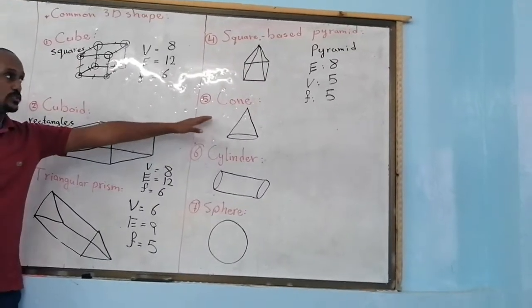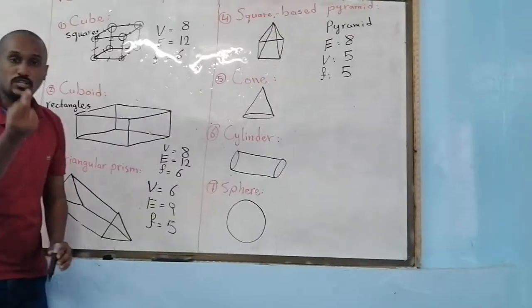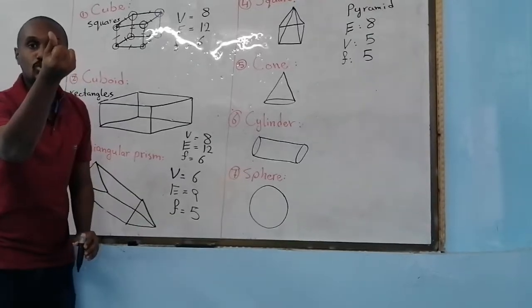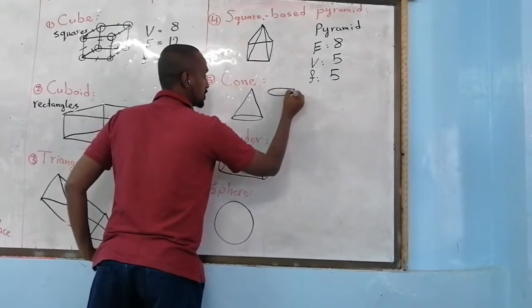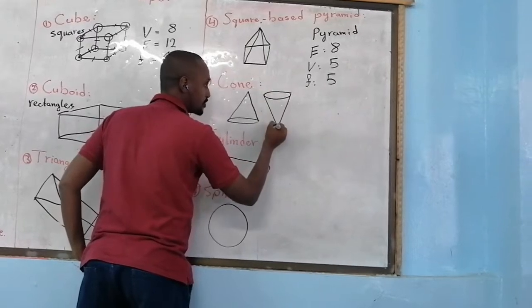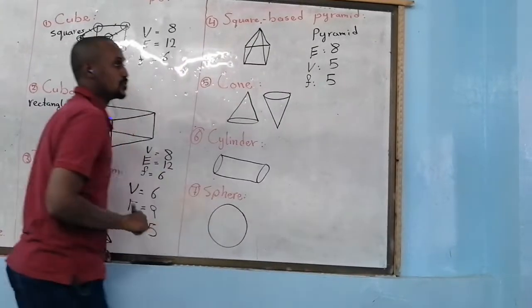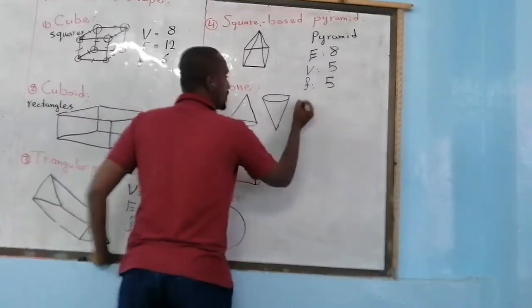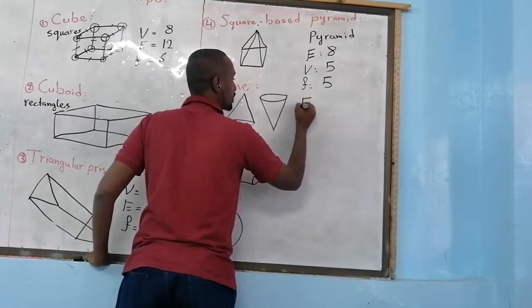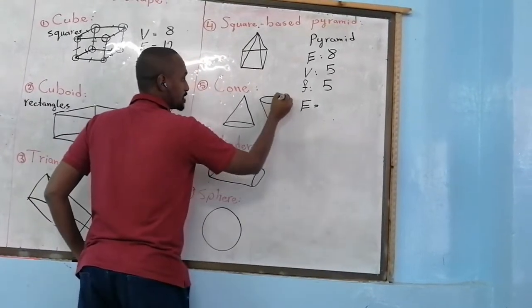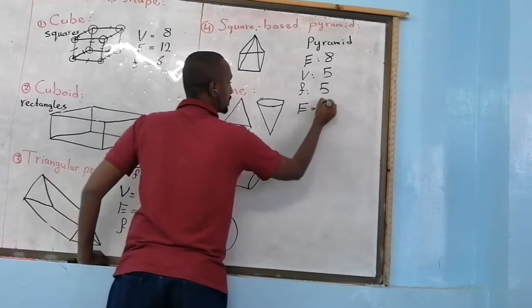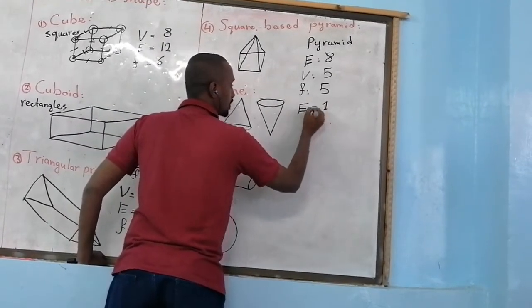Now let's go to the cone. Just like the game cone when you play. This is called a cone. It's just upside down, so it looks like this. How many edges? It has actually 1 edge, the one above.